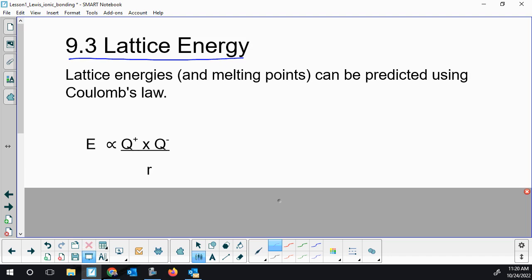Okay. Lattice energy, how much energy is in that positive, negative repeating pattern? If you know how much energy is in it, you can know how much temperature or thermal energy you need to sort of break it apart or pull them apart or separate them a little bit. So we have a relationship for lattice energy, but we care about relating it to melting points.